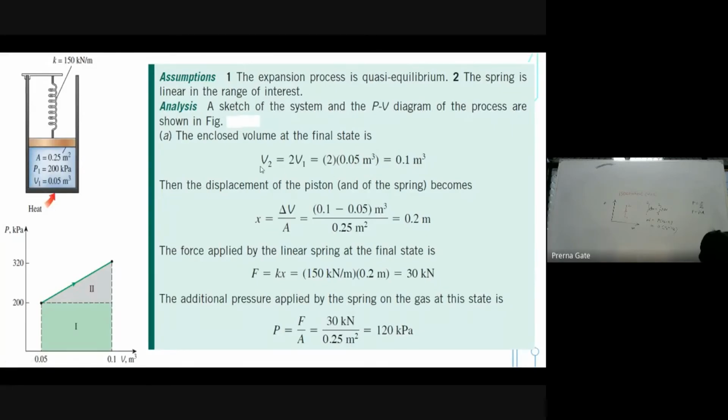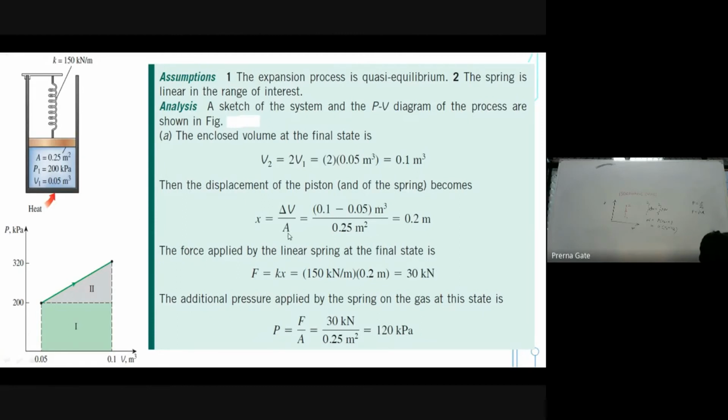From this you can calculate the displacement of the piston. The displacement of the piston is the change in volume per unit area. So this is the change in volume and this is the area, so x, the displacement of the piston, is 0.2 meter. Now the force applied by the linear spring at the final state is given by F = kx.